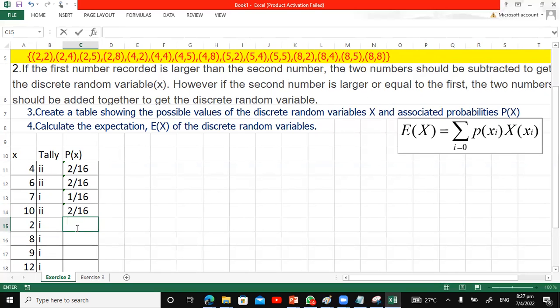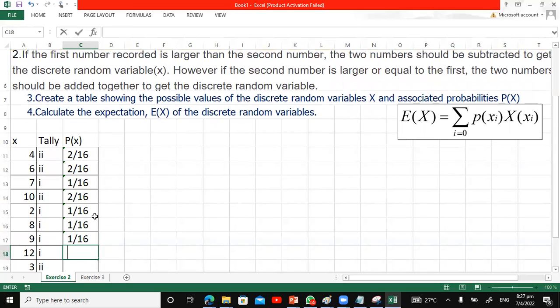Probability of 2 is going to be 1 out of 16. Probability of receiving 8 is going to be 1 over 16. Probability of receiving 9 is going to be 1 over 16.